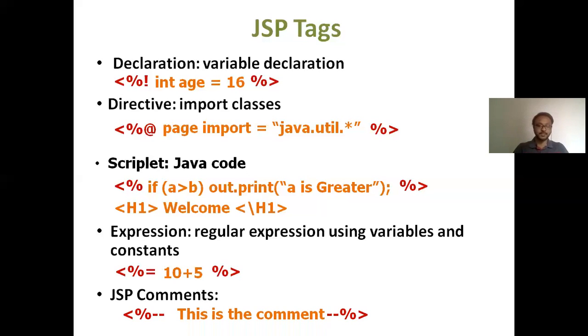If I want to consider this as a comment, I can mention it as a comment in your JSP. So these are a few JSP tags which can be used for declaration, for importing packages, for writing the Java code, for specifying expressions, and for keeping comments in your JSP program. So these are the tags in your JSP.